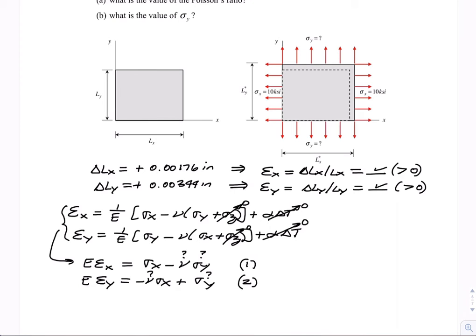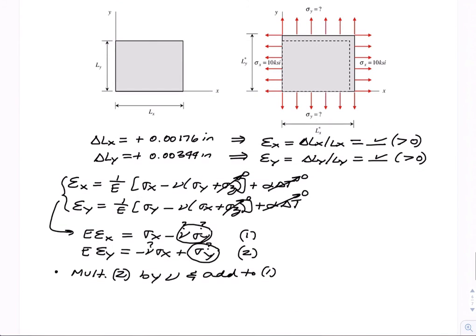What you would see here is that if I multiply equation 2 by nu and add that to equation 1, it will get rid of the product term nu sigma y.